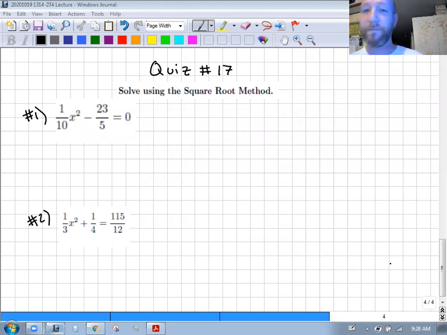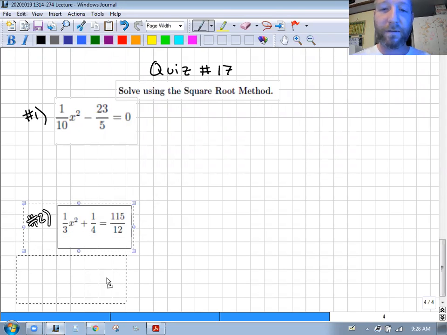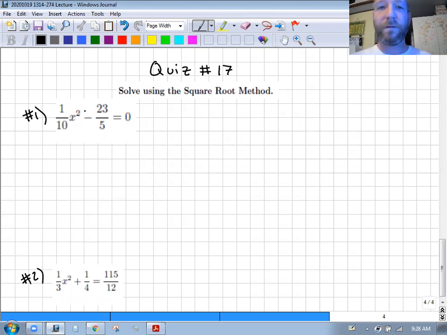Okay, class. Let's check these problems out. So this guy here, let's see. If we add 23/5 to both sides, we get 1/10 x squared equals 23/5.